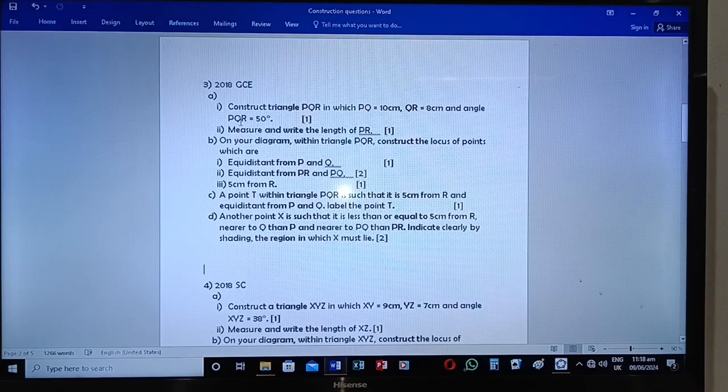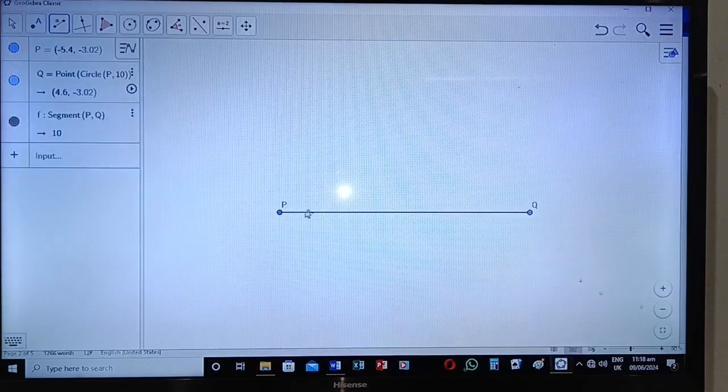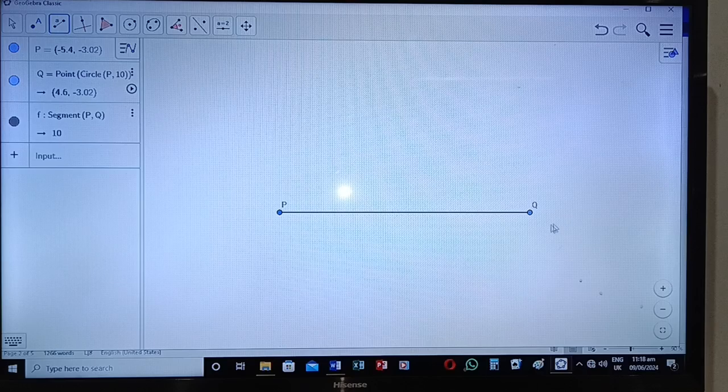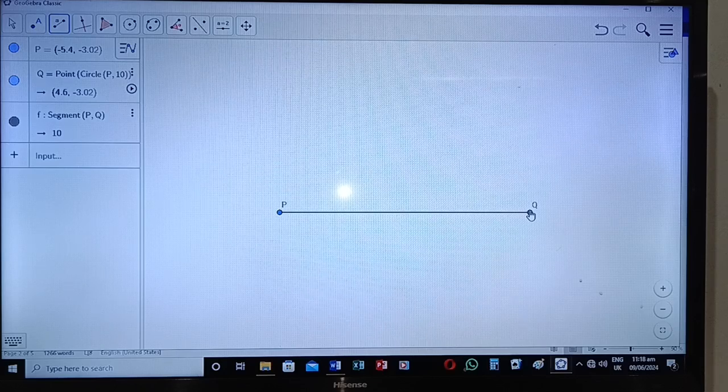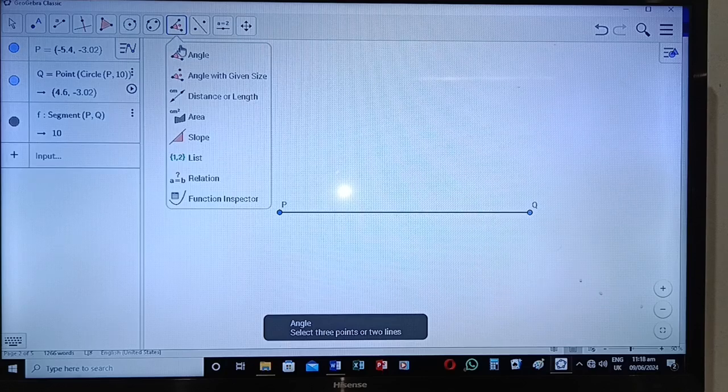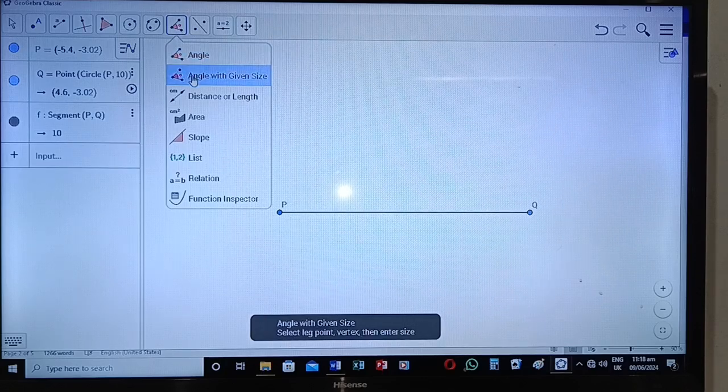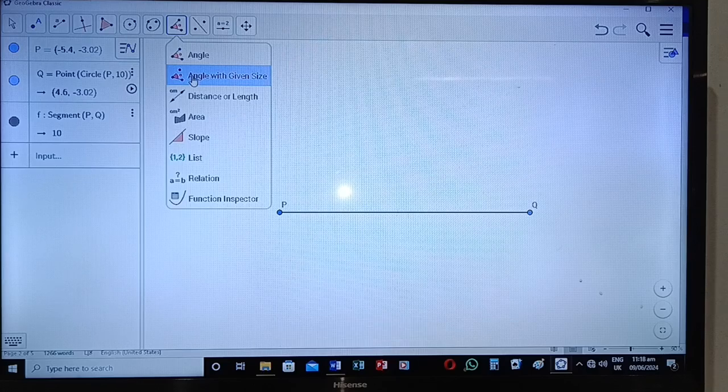So this angle is between PQ and QR, 50 degrees. Again, there is a way of drawing specific angles.